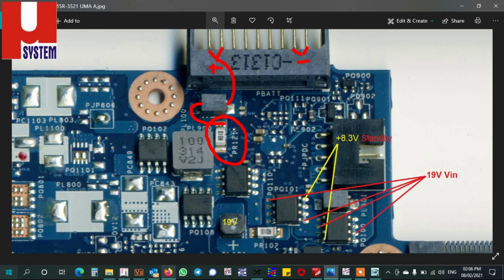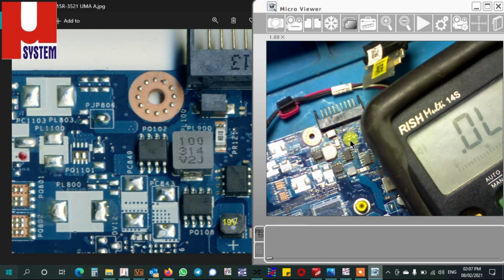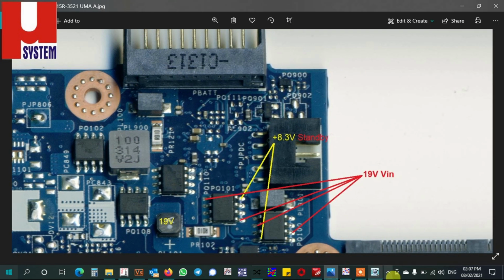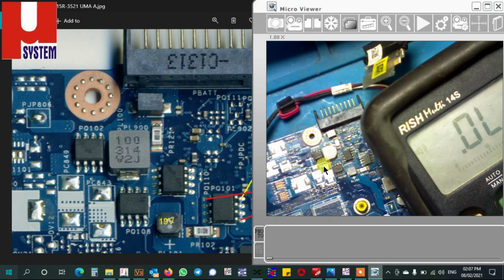So we are going to check on the picture. Here you are able to see the same position of my motherboard. I'll show you with this board also. On high definition picture also I will show you.